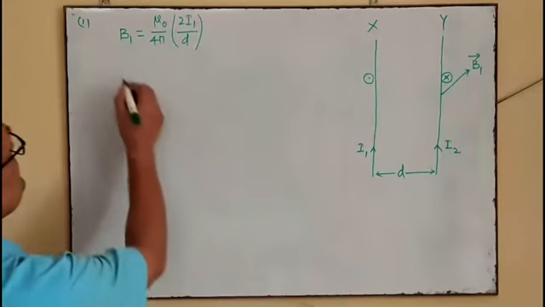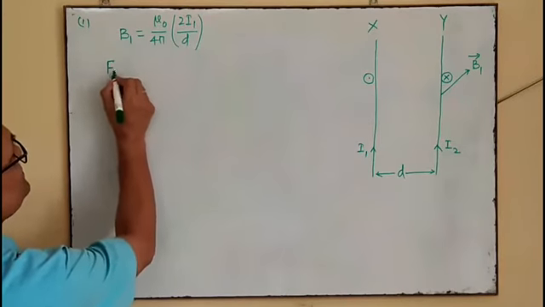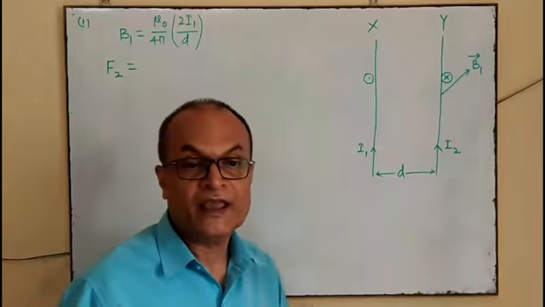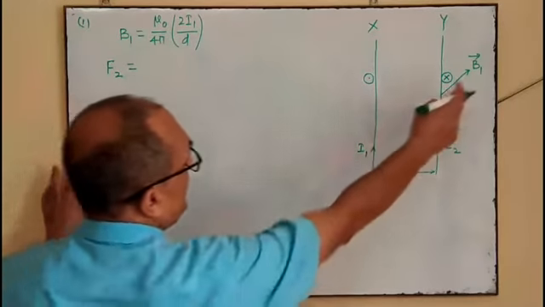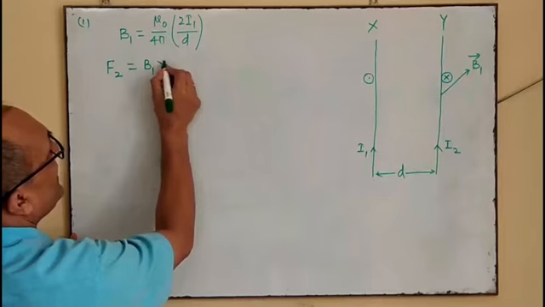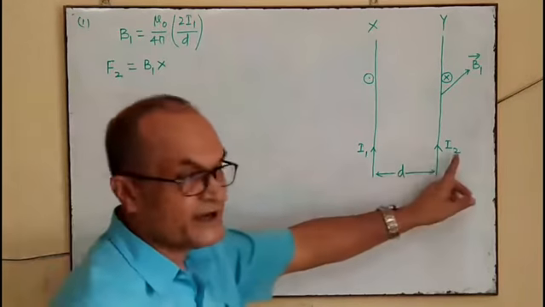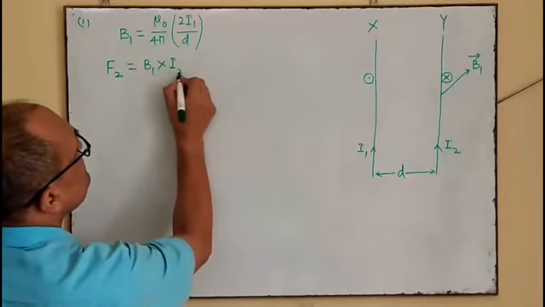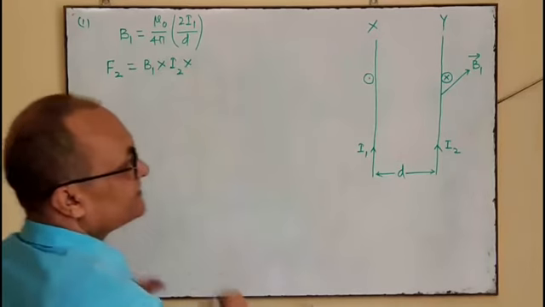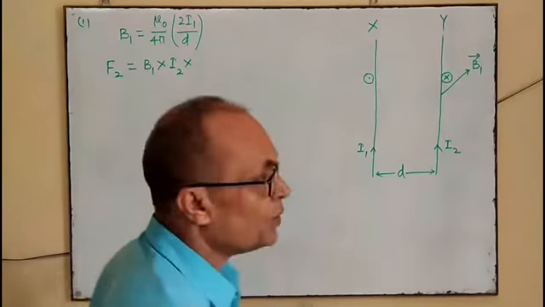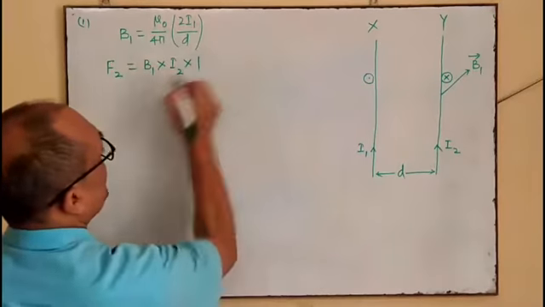This is, suppose, F2. According to the formula BIL, the magnetic field here is B1, into current I2, and the length is assumed to be unit 1, so we write 1.